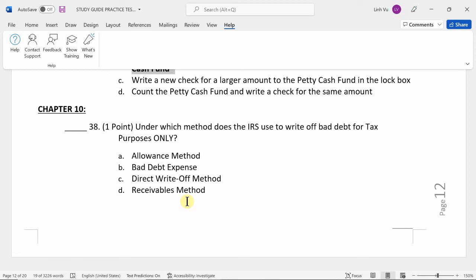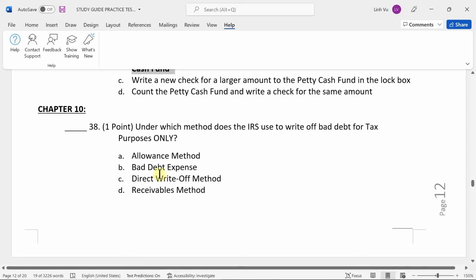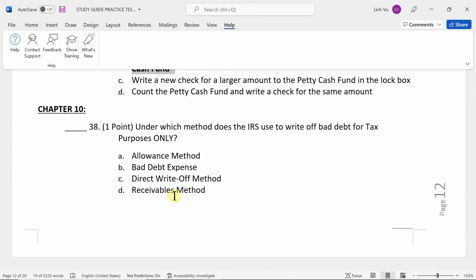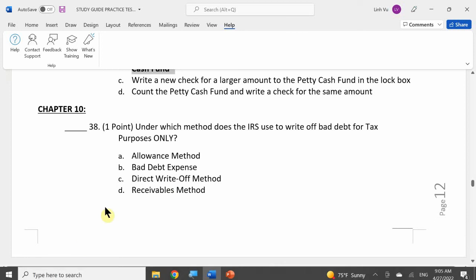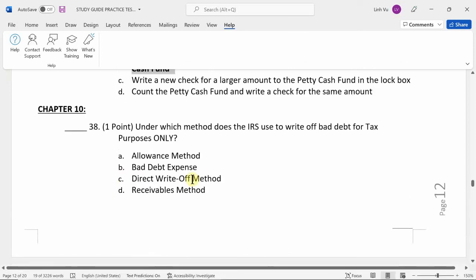No, that's not the method. C, direct write-off method. Yes, so that's the one I couldn't teach you because you're not a tax accountant, right? I had to teach you the allowance method because that's the proper way to do it for regular accountants. Okay, so the IRS is the one that uses the direct write-off method, because it's for tax purposes only. Okay.